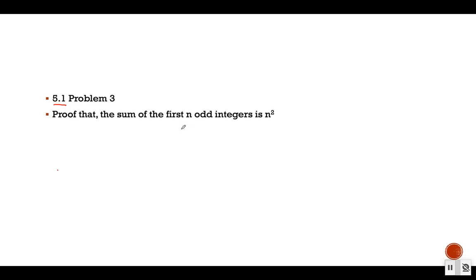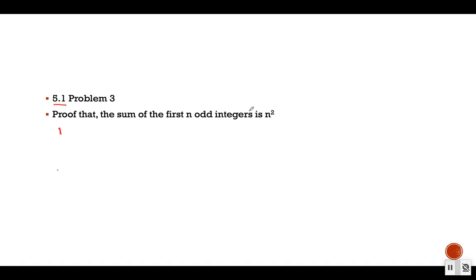Before that, the first thing is that we have to be clear about our propositional function. What are we trying to prove? It is saying that the sum of the first n odd integers is n square. So what does it look like? The first one odd integer is only 1.